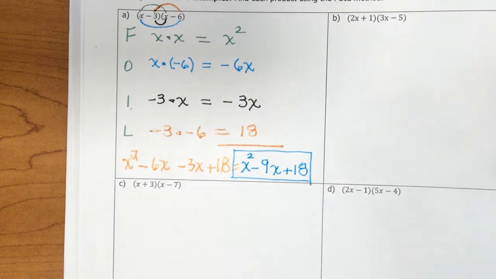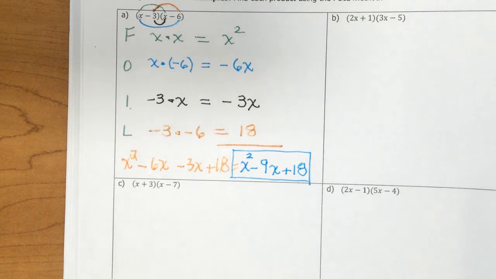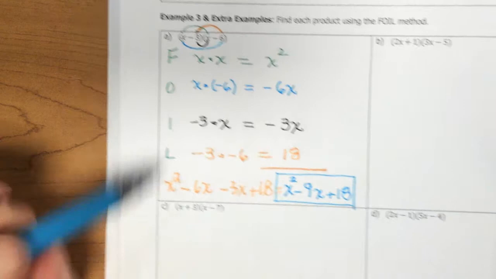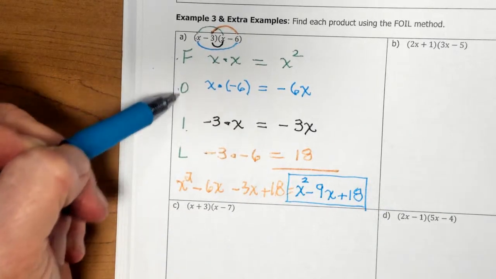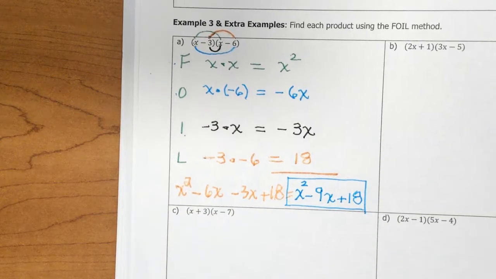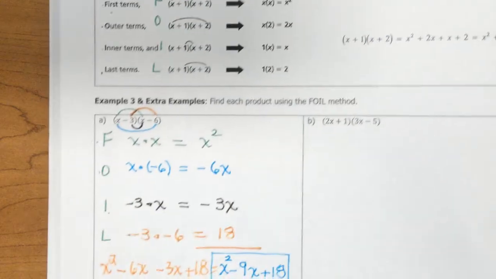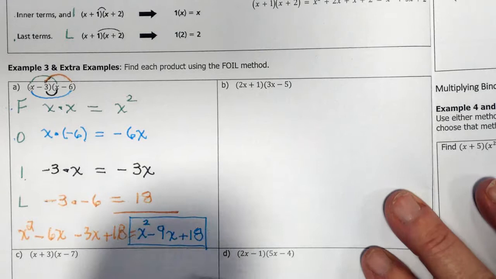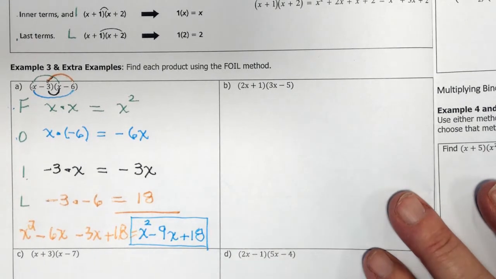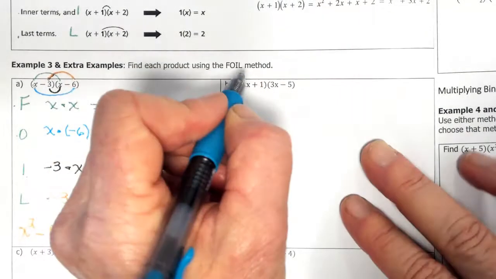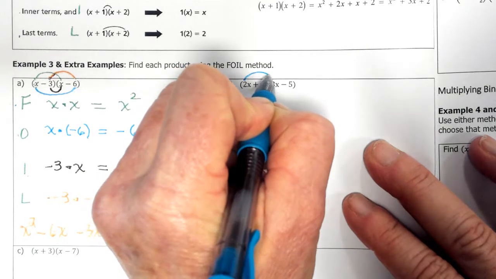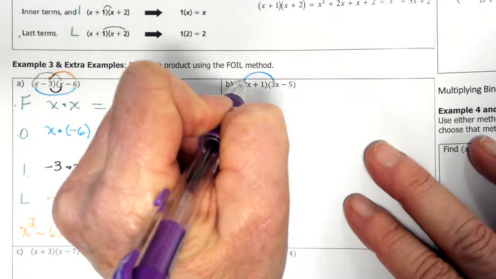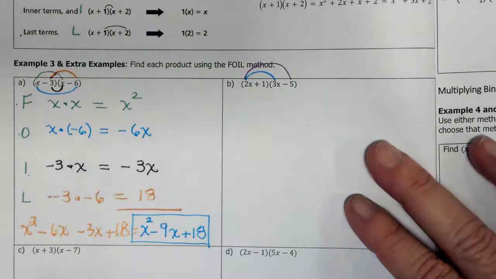So typically, I highly encourage, if you're going to use the FOIL method and you've never used the FOIL method before, to write out FOIL. And then eventually, we want to get you to the point of simply using rainbows. It's kind of using the distributive method. So what does my rainbow look like? My first terms, and then my outer terms right there.